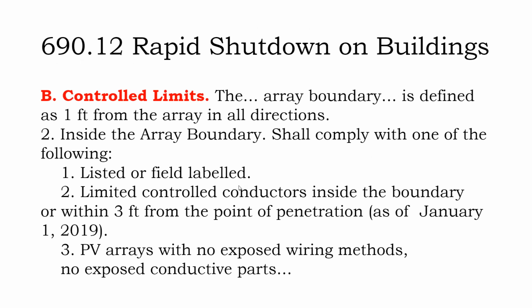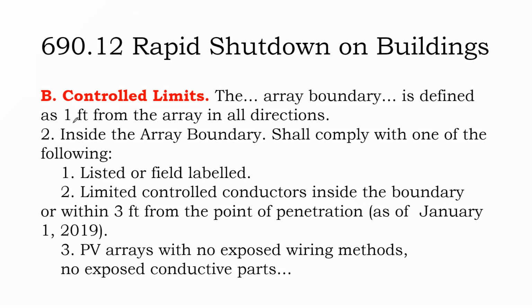So you can find a lot of inverters that are no longer code compliant for a home that would be suitable for the ground. Okay, rapid shutdown is a rule that has changed over time.